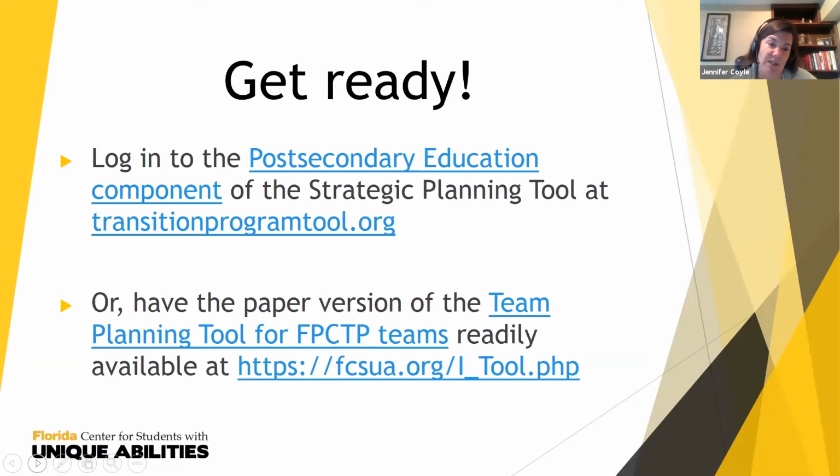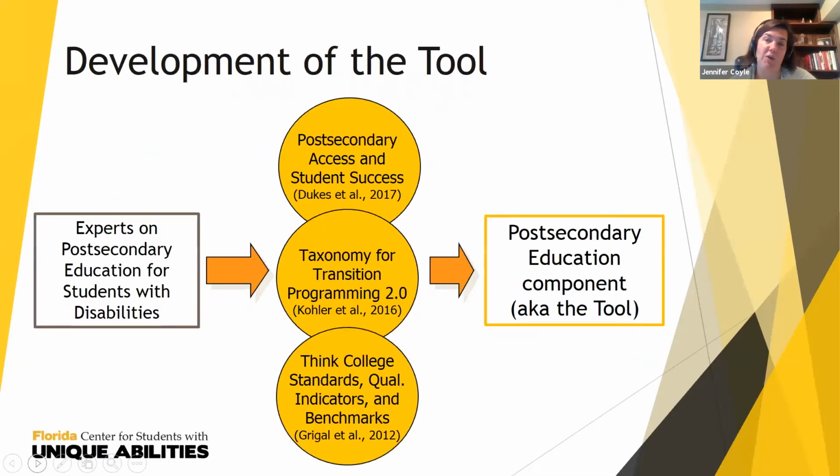But first, I want to give you some background about how the strategic planning tool was created and where it came from. Originally there was a K-12 or secondary transition tool, based on work done in the 90s by Paula Kohler.